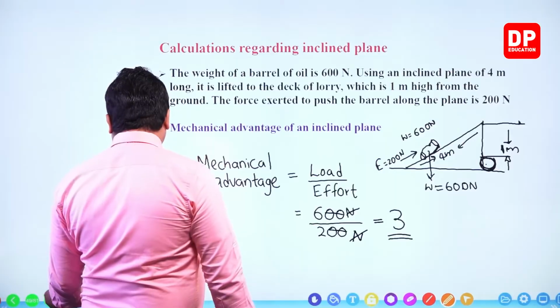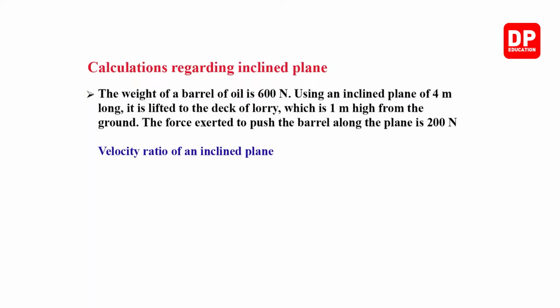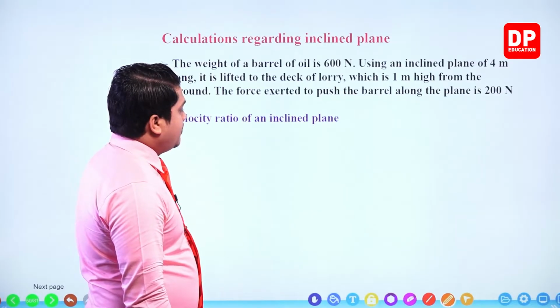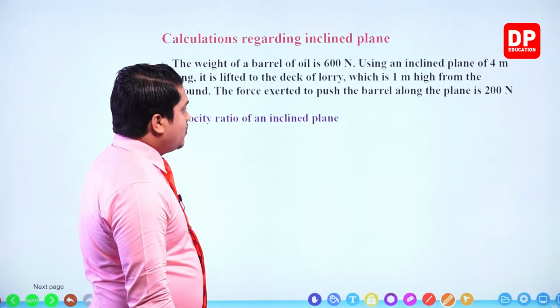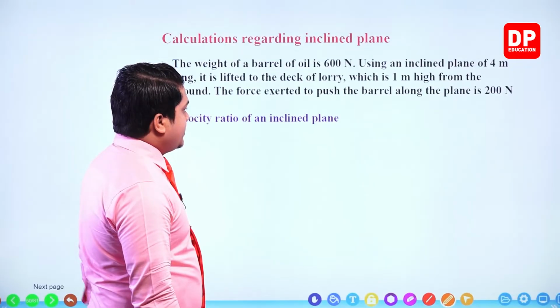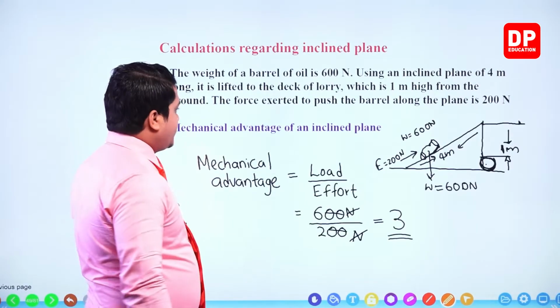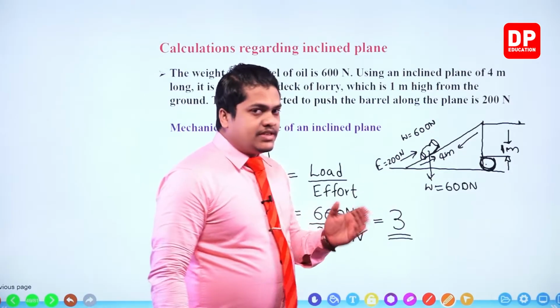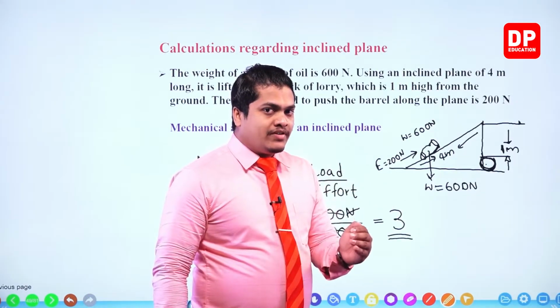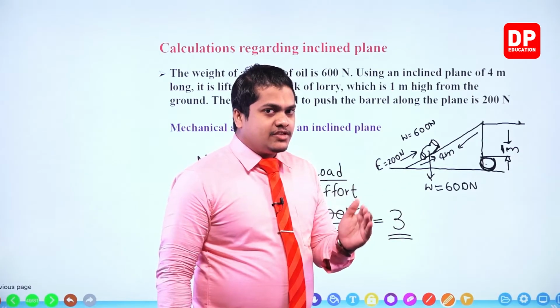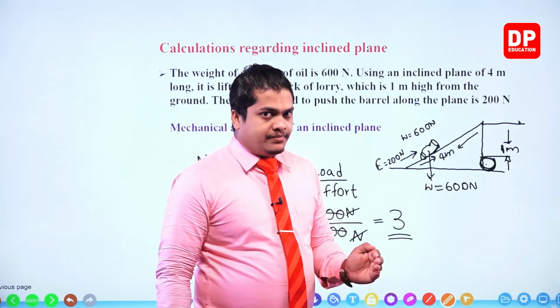Right, then the next one. Let's see what the next one is. Velocity ratio of an inclined plane. Velocity ratio is very simple, my dear children. Now let me take you to the previous one where I have drawn the figure. Velocity ratio means the distance traveled by the effort divided by the distance traveled by the load.